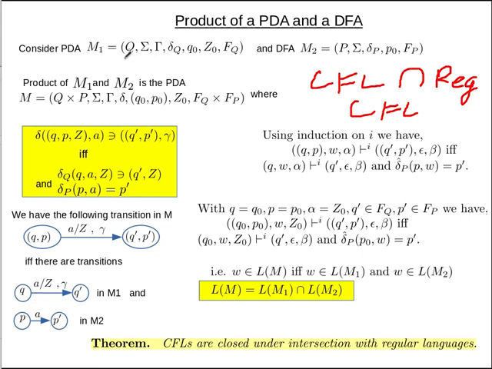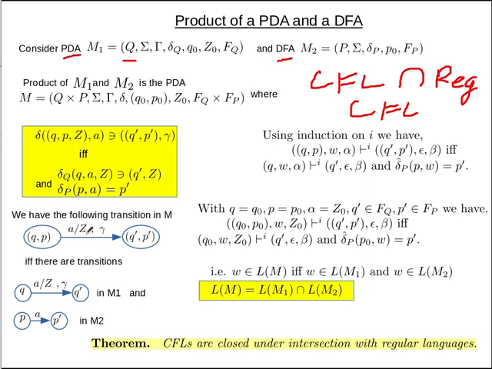It has some states, stack symbols, its transition, start state, start symbol, and final states. And this other part is a DFA. So this is a PDA, but this is a DFA. This has states, input alphabet, transition function, start state and final states, right?